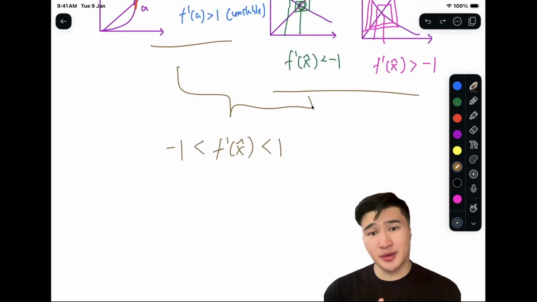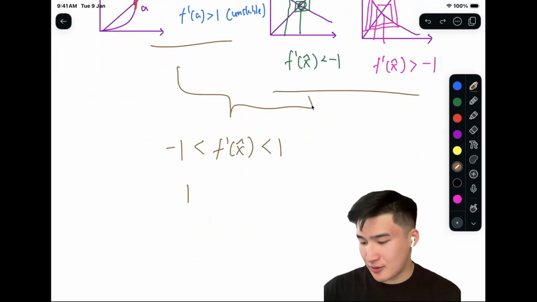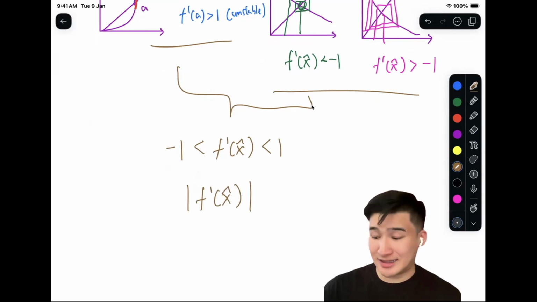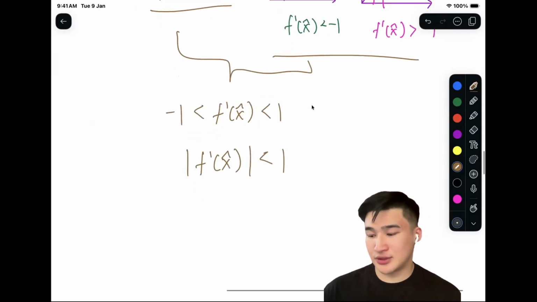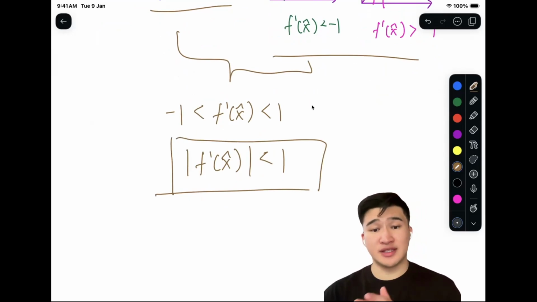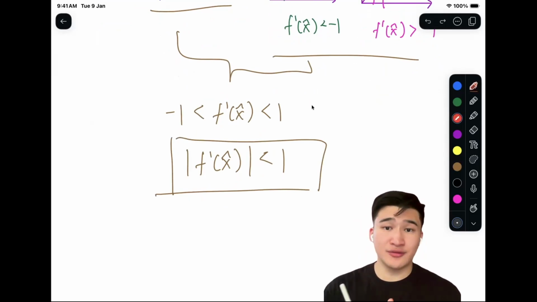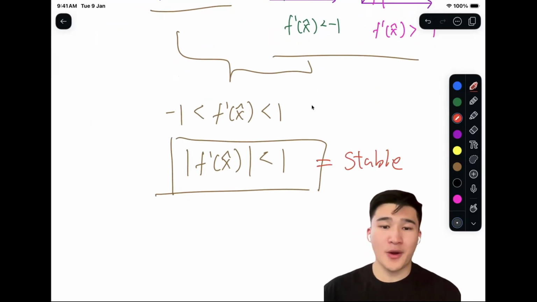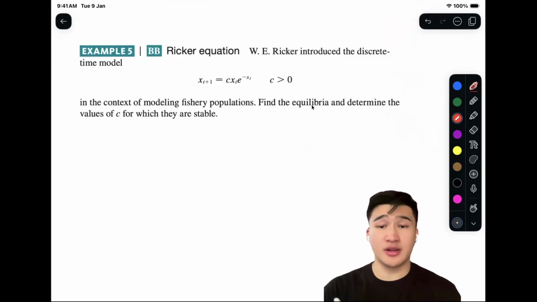So we can build on this concept and say, we take the absolute value of f prime of x hat, and we have to make it such that it's less than 1. So this is our criterion. How do we determine if it's stable or unstable? As long as the absolute value of the slope at our equilibrium is less than 1, then this one is stable. So that sums up what we have been talking about today.